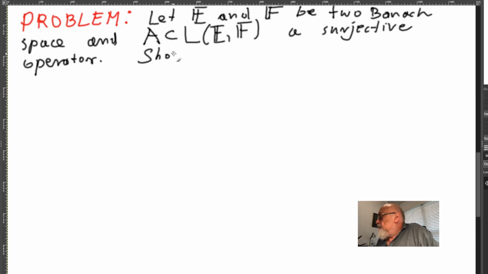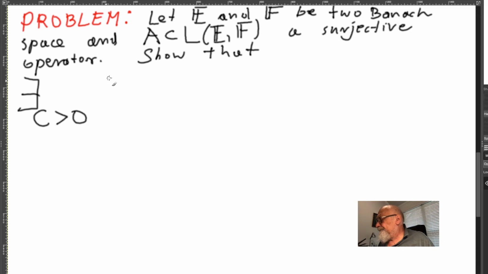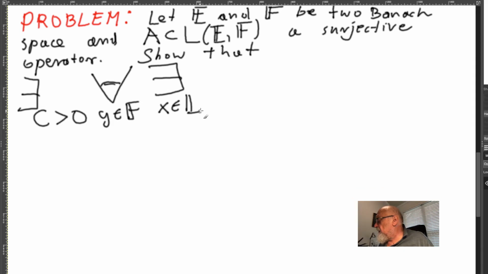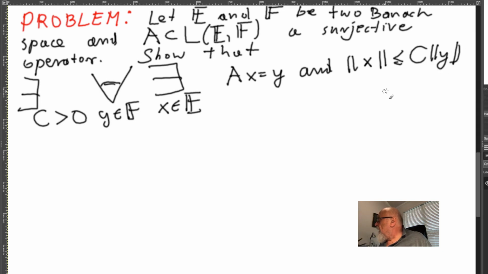Show that there exists a constant C larger than 0 such that for every y belonging to the space F there exists an x belonging to E with the property that Ax is equal to y and the norm of x is smaller or equal than C times the norm of y. Let's give this condition a star to label it.